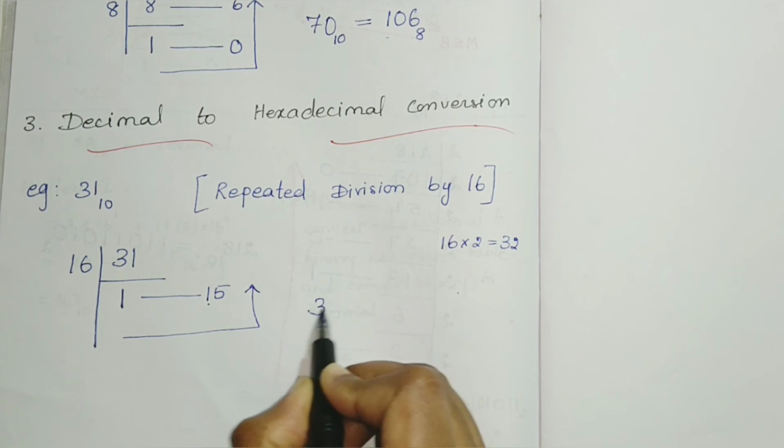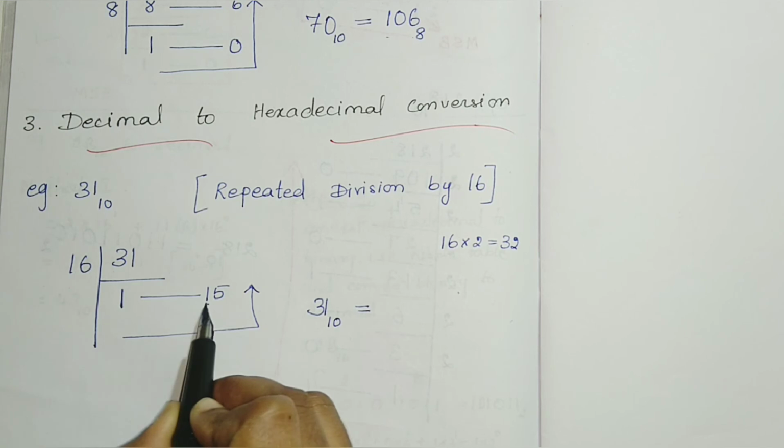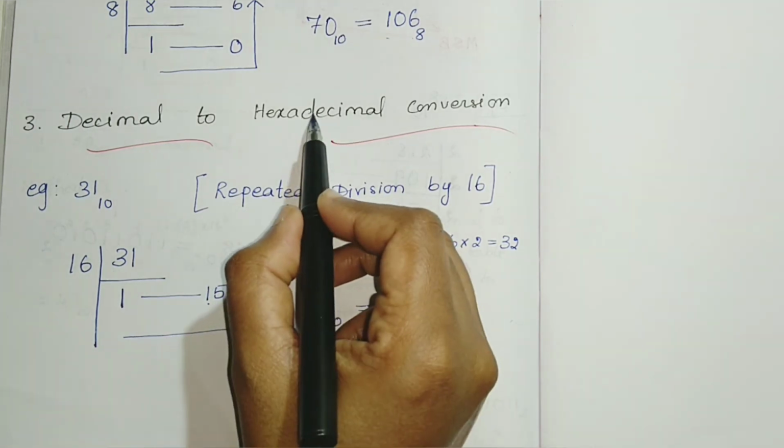And for 31 base 10, the hexadecimal number is, see, when we write the hexadecimal, we have to be careful. The remainder, if it is 15, we will represent it as an alphabet.